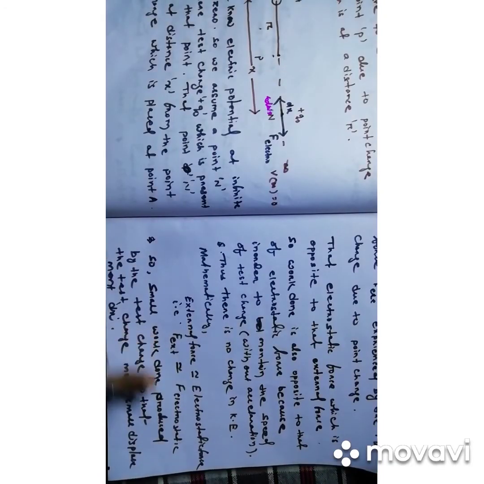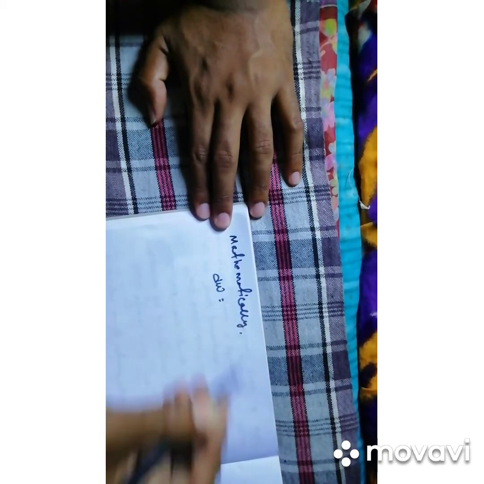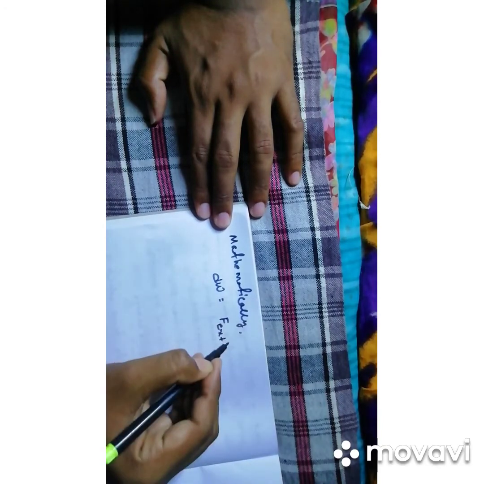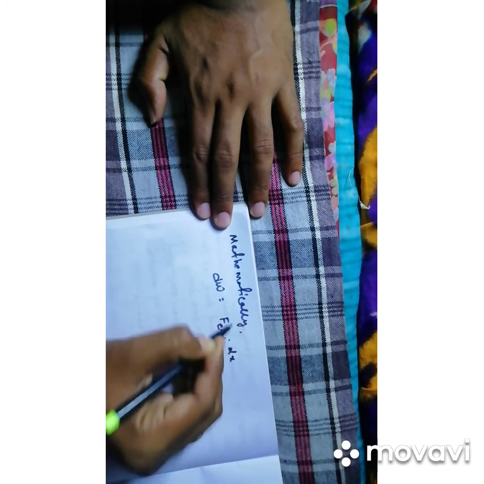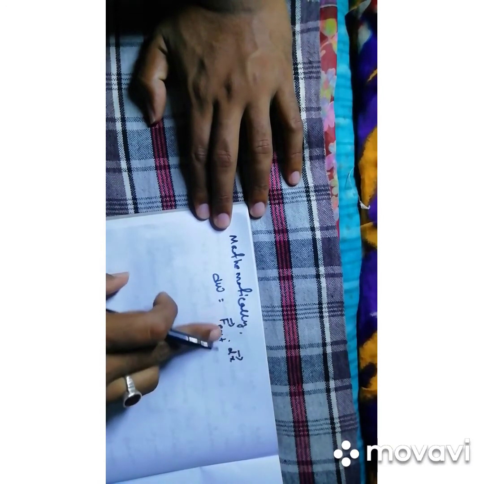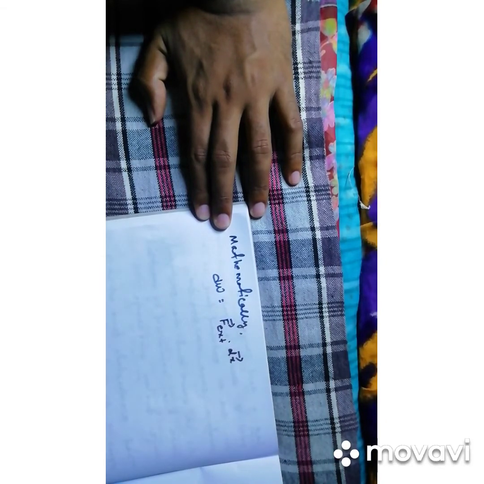So the small work done by the test charge, as the test charge moves a small displacement dx, is mathematically dW equal to F external into dx, both being vector quantities. So this is the dot product of F external and dx.